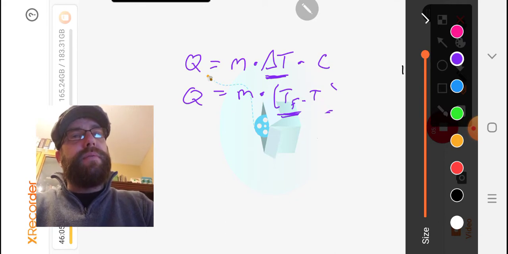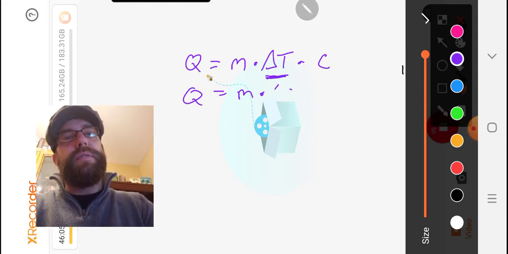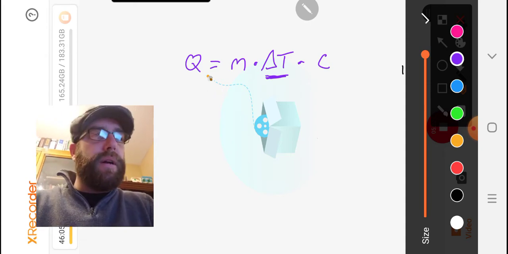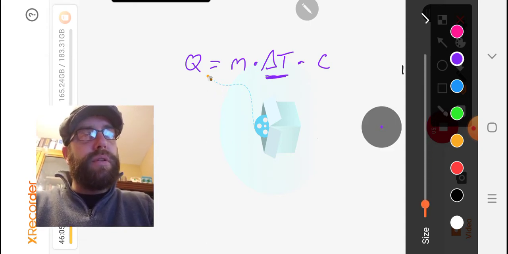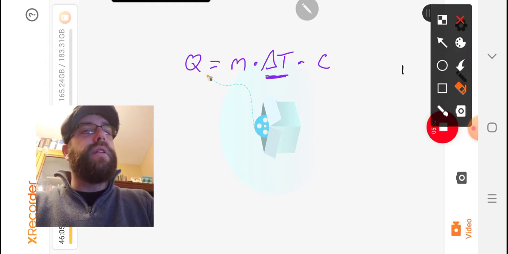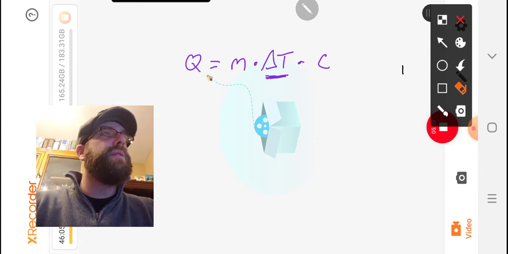Just leave this equation up here so you can see it. And I'm going to post another video of somebody else showing this too, in case you need extra help.